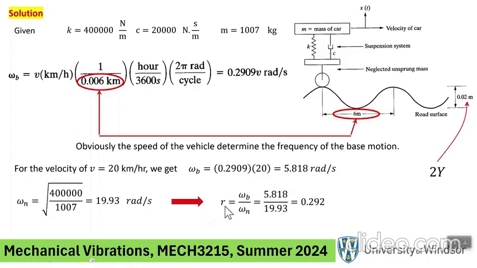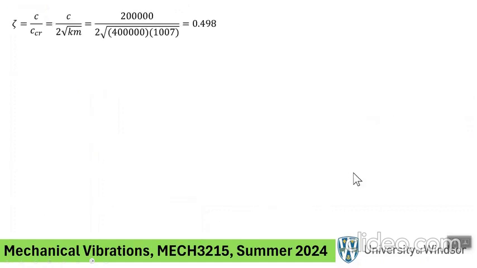We can find R, which is omega_b, calculated up here, divided by omega_n, and that's 0.292. We have the value of the damping coefficient, and out of this damping coefficient, K and M, we can find zeta. It's just the formula. There's the zeta.